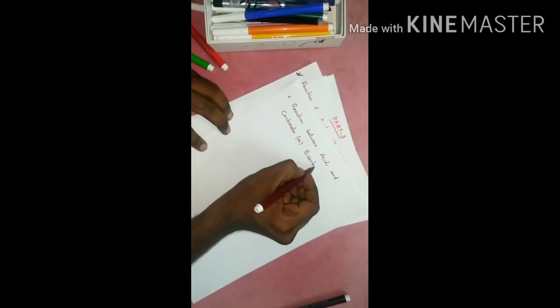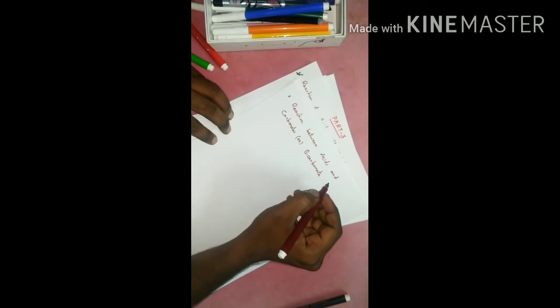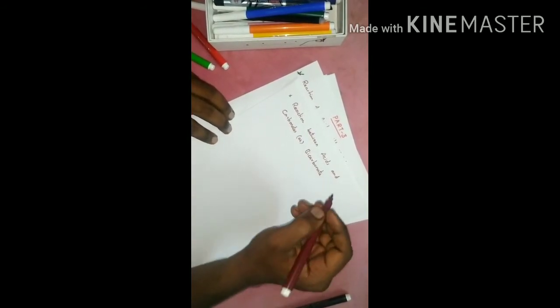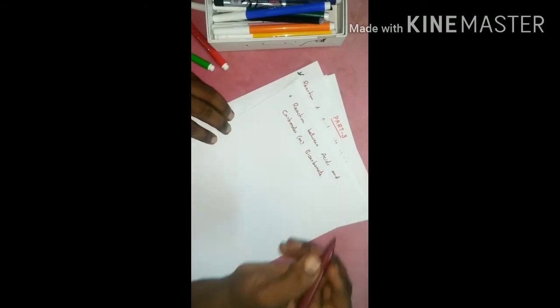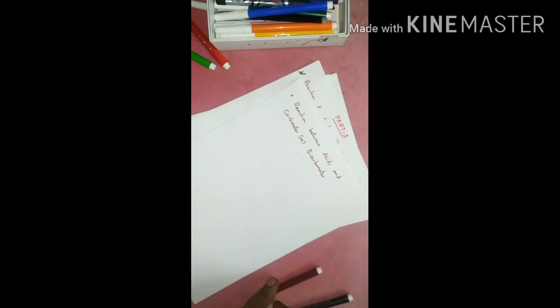This is the most important reaction with respect to the final examination. Many times it is asked in 2 marks questions as well as 4 marks questions. Carbonates and bicarbonates: reaction between acids and carbonates or bicarbonates.